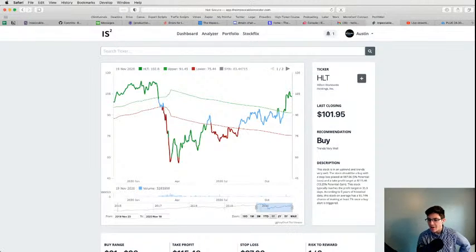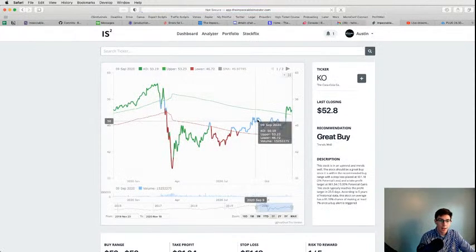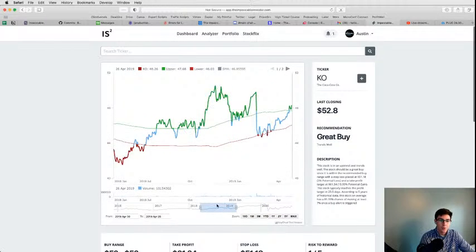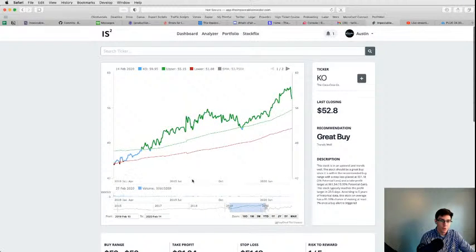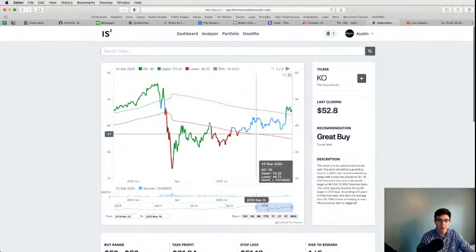Dividend stocks don't always trend. How does it work with a good dividend stock that is slow in price increases? A good example for that would be KO, which is Coca-Cola. You can see how it kind of does this, but dividend stocks do trend well. So you can find stocks that move slowly that still trend well. Again, this is because of the dip that we had because of the pandemic.